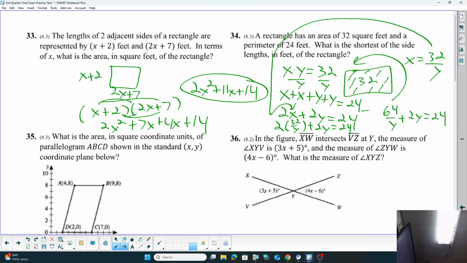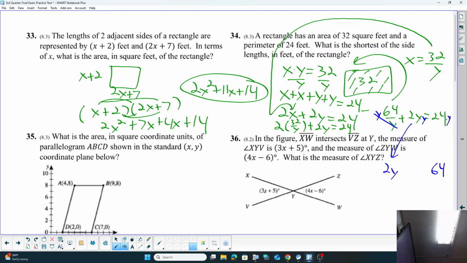We have a y on the bottom, that's not good. So I think if I times by y all the way across, that'll cancel.